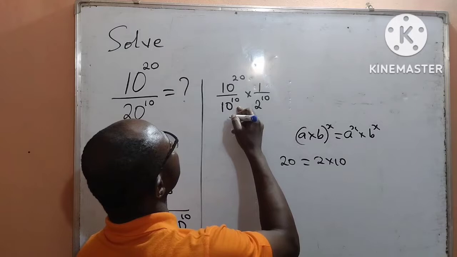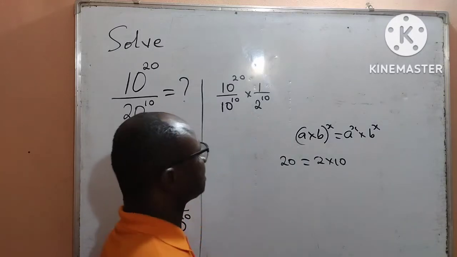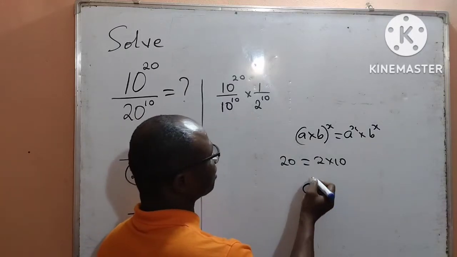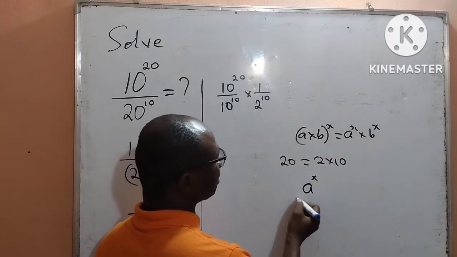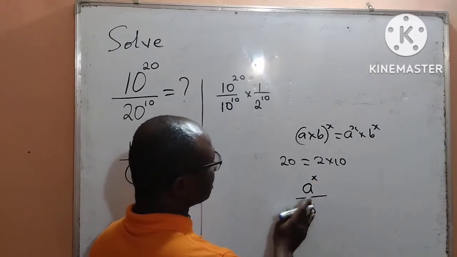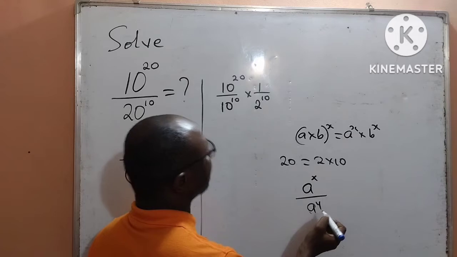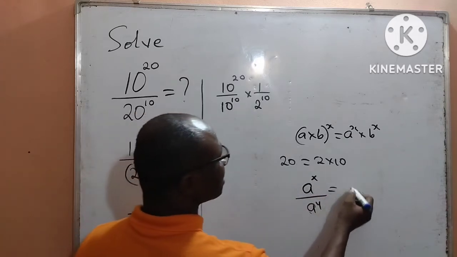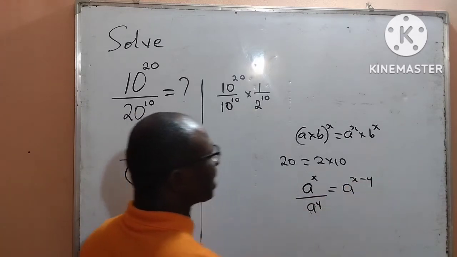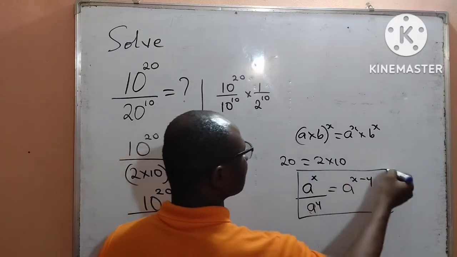Now, the division law of indices says that if I have a to the power of x all over the same a to the power of y, it is the same thing as a to the power of x minus y. A very beautiful law in indices.